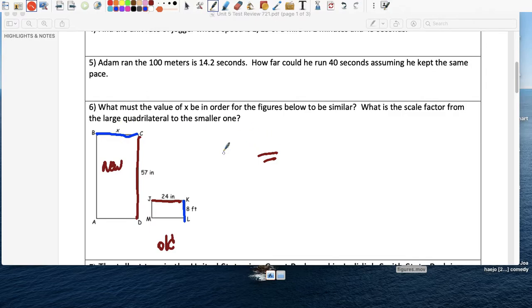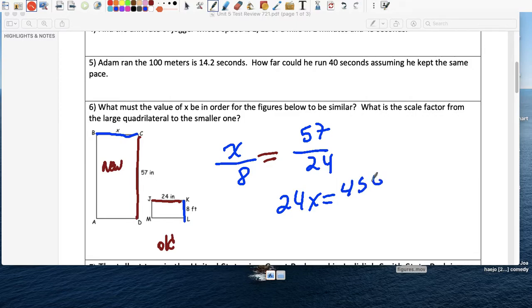So x, the ratio of x with its corresponding side, which is 8, should be equal to the ratio of 57 with its corresponding side, which is 24. Cross multiply: 24x equals 57 times 8, which is 456. We divide by 24, and we get x equals 19.